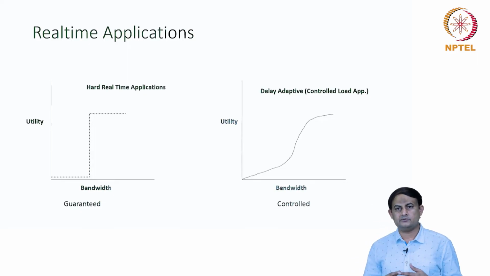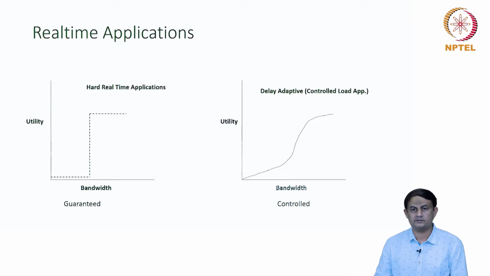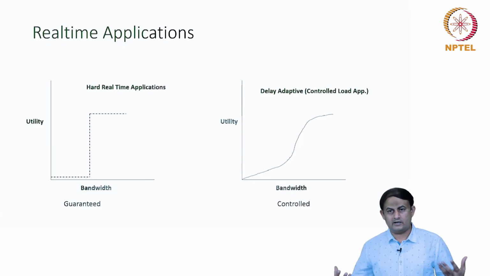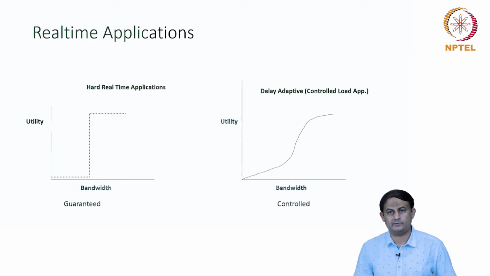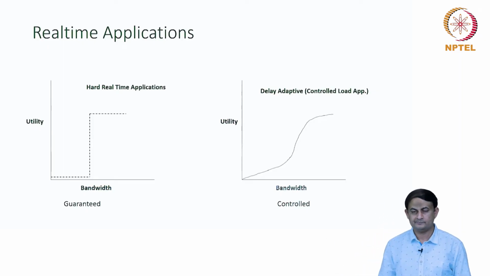The applications which really can't tolerate such variations are typically of the type called real-time applications. And these real-time applications are again divided into two types. One is called the hard real-time application, and the second one is called delay adaptive real-time applications.